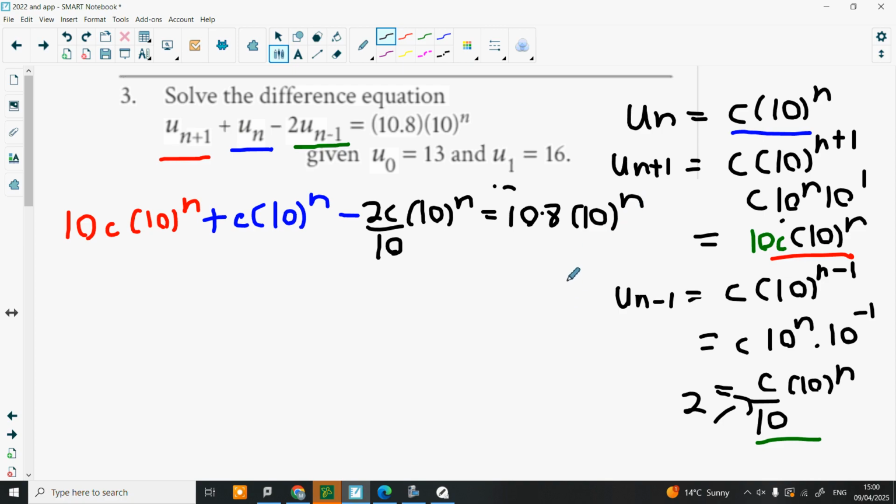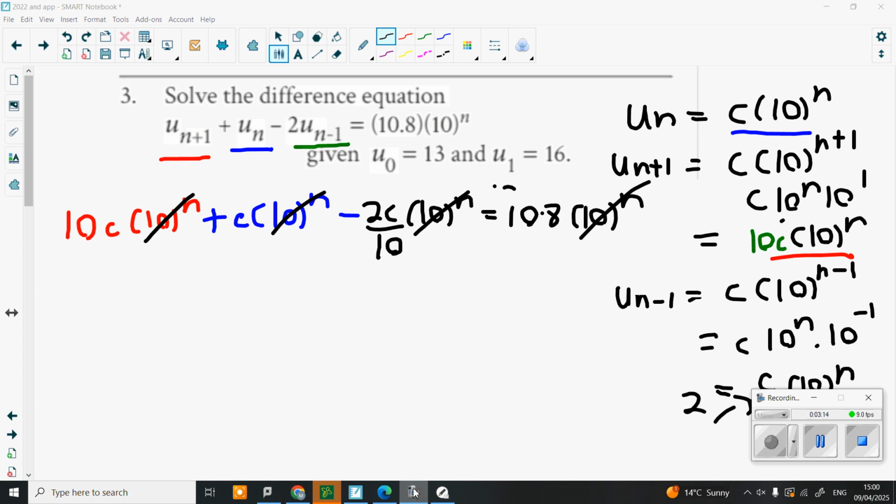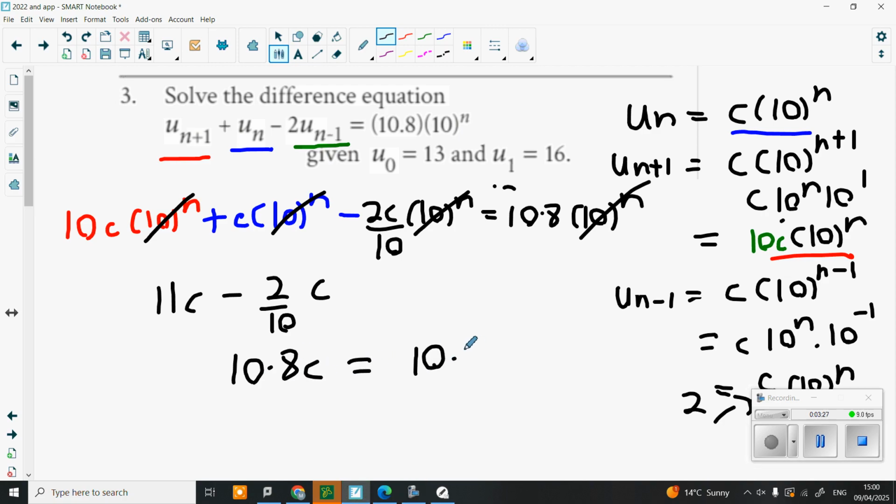What you notice is the 10 to the power of n is on both sides. Strike them off outright, can't I? So 10c plus c is 11c. So 11c take away 2 over 10c is what, guys? 10.8c. 10.8c equals 10.8.